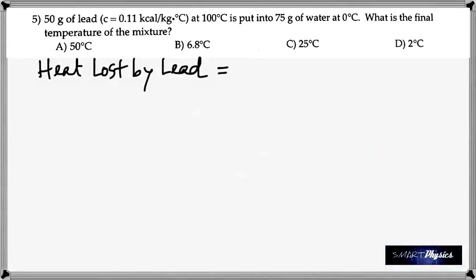Here 50 grams of lead at 100 degrees Celsius is put into 75 grams of water at 0 degrees Celsius. What's the final temperature of the mixture? Again, hot and cold mixed together. So heat lost by the hot is equal to the heat gained by the cold.